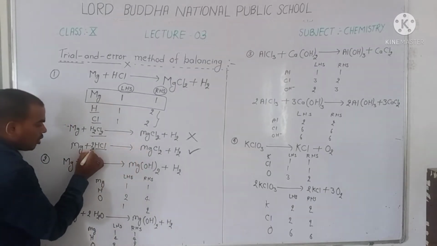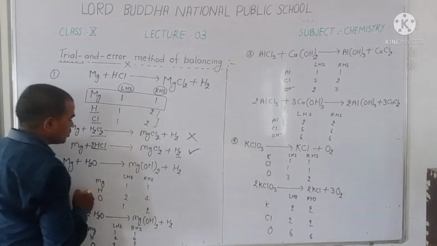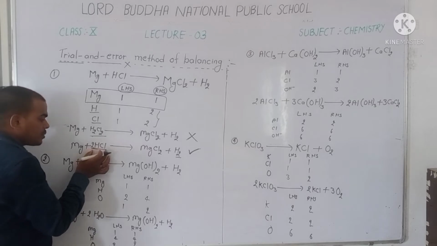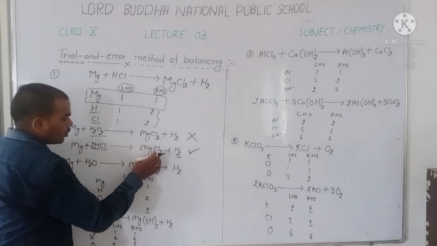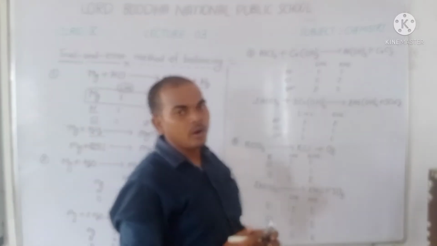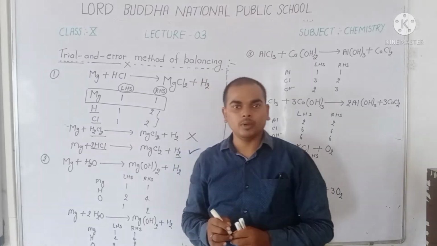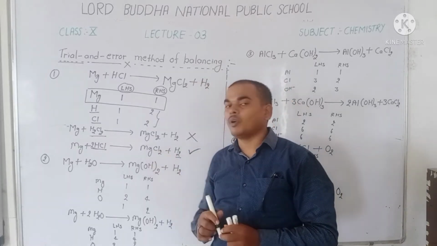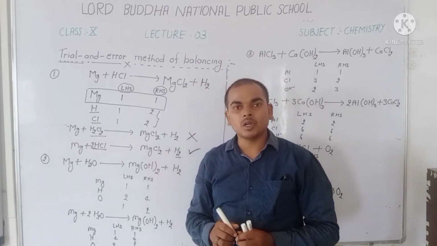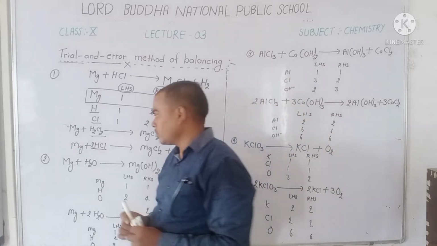Hydrogen is 2 on the left and 2 on the right. Chlorine is 2 on the left and 2 on the right. That means the number of atoms on the reactant side and the product side are equal, so this equation follows the law of conservation of mass. That means this equation is a balanced equation.